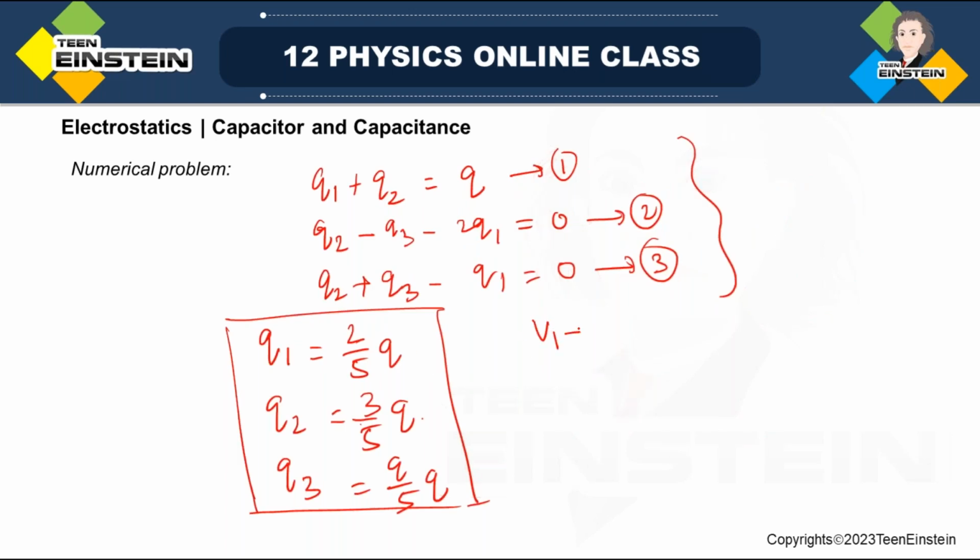So VA minus VB, this will be equal to total charge divided by equivalent capacitance, right? That is the total potential difference. So what is the total charge here? That is Q1 plus Q2. Okay, Q1 plus Q2, that is the total charge.